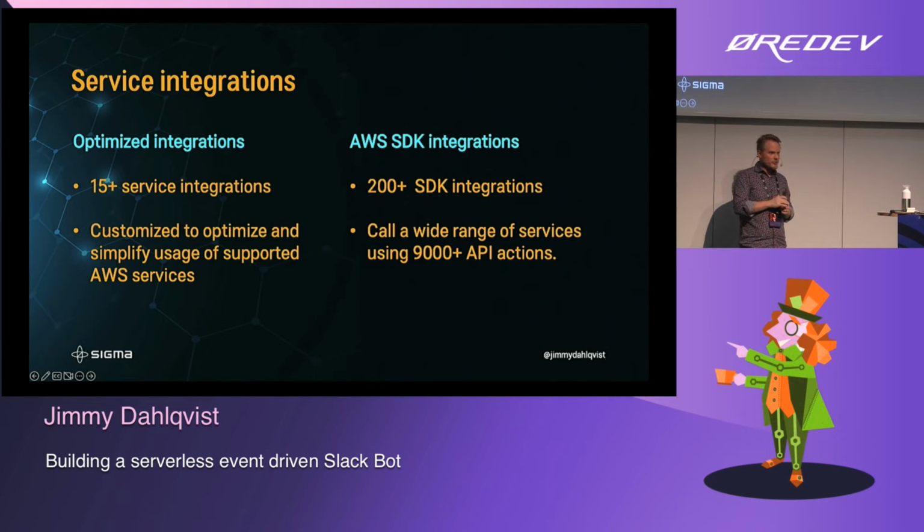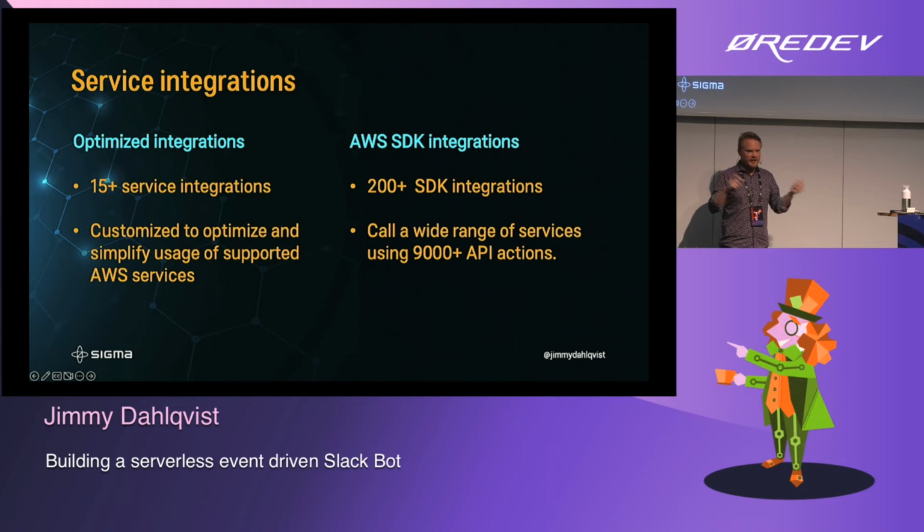When we're talking about service integrations in AWS Step Functions, we're talking about two different kinds. We have the optimized integrations. Optimized integration is for around, once again, 15 plus services that have been optimized and customized to do an integration with Step Functions.